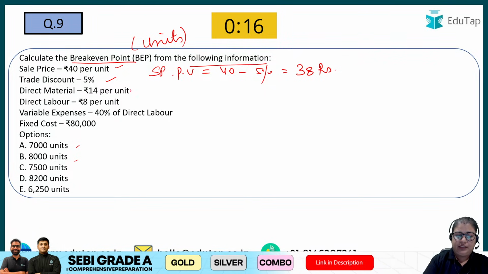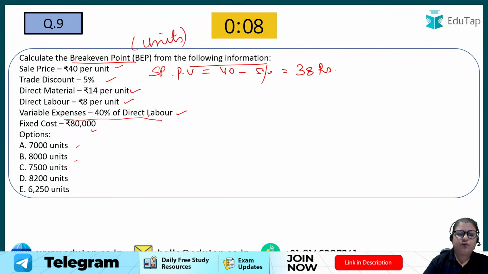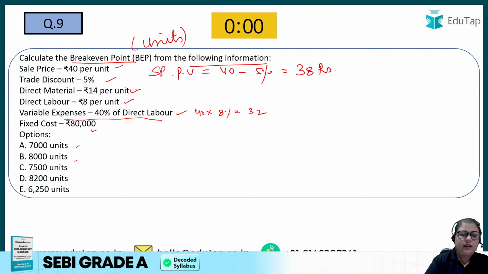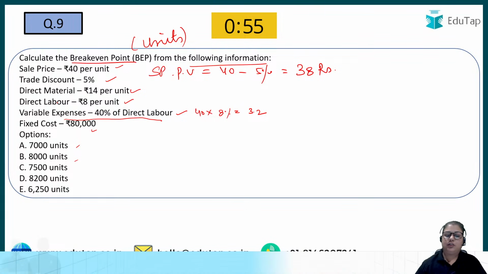Then there is direct material, direct labor, variable expenses are also given to you, and fixed cost is given to you. But the variable expenses that are given to you is 40% of direct labor. So can I say 40% of 8 rupees? So that will be 3.2. And direct material is also variable cost. Direct labor is also variable cost.